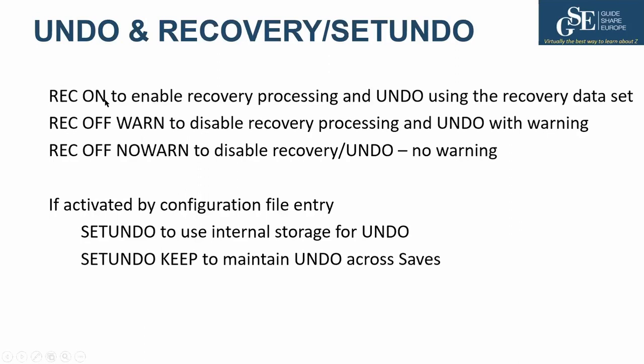So normal recovery processing is we take a copy of the whole data and then log every change. And for undo, it will play back everything except that last change. You can now set up a configuration entry to use internal storage instead of the recovery data set. And there's some various options there for using that.